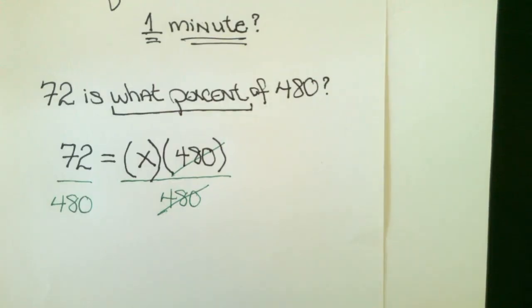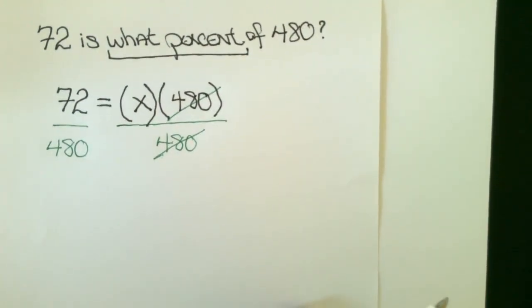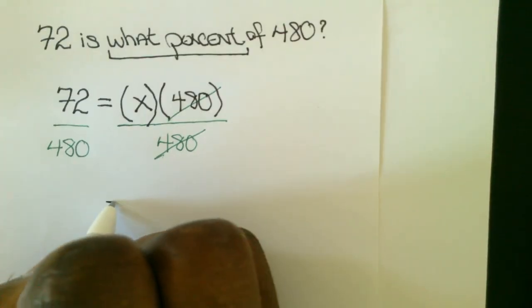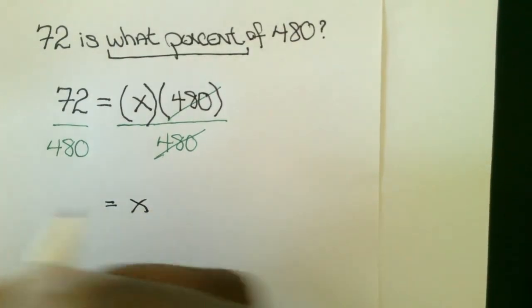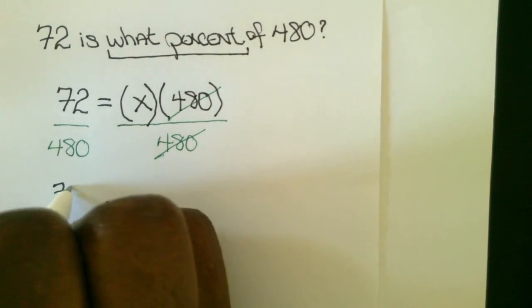Now this is when it gets a little tricky. The reason why I say it gets a little tricky is because when you take the ASVAB and the Accuplacer, you can't use a calculator. So you're going to have to figure out ways to either simplify this ratio, or do long division. Okay? So just want to put that into your ear. This is the easier way that I like to think of it.